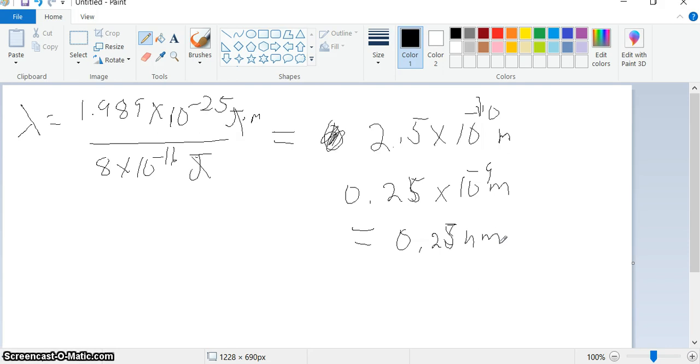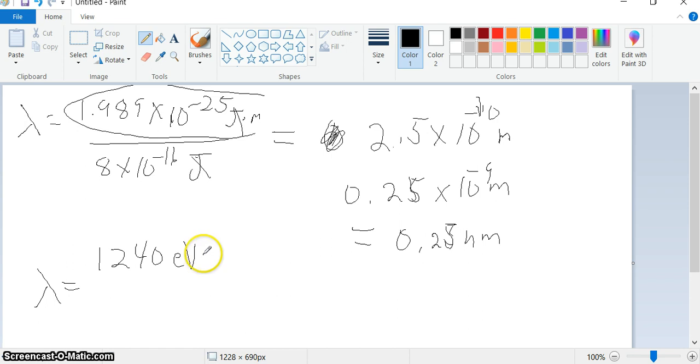Okay, let me just show you this part C using the other constant for h times c. Instead of this one, lambda is going to equal 1240 electron volts times nanometers, and then you divide that by the energy, which in this particular case was 5,000 electron volts.